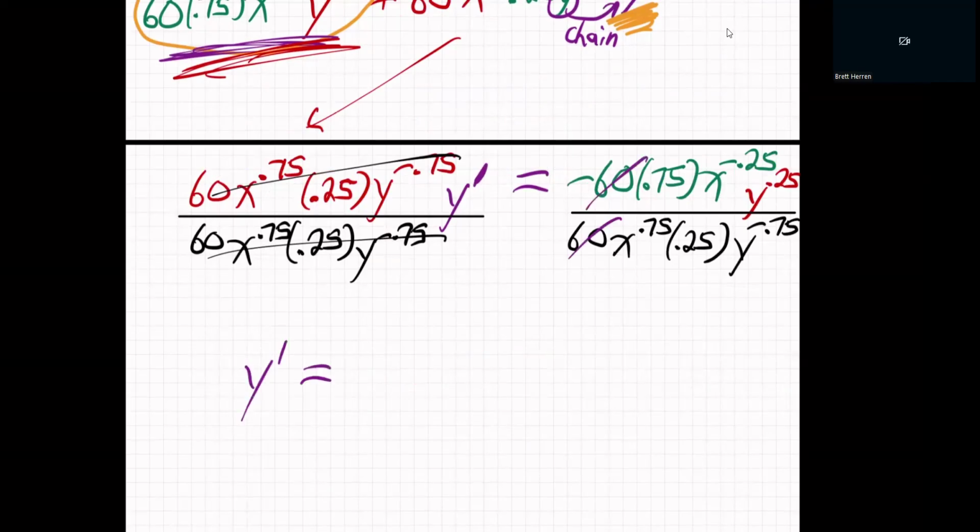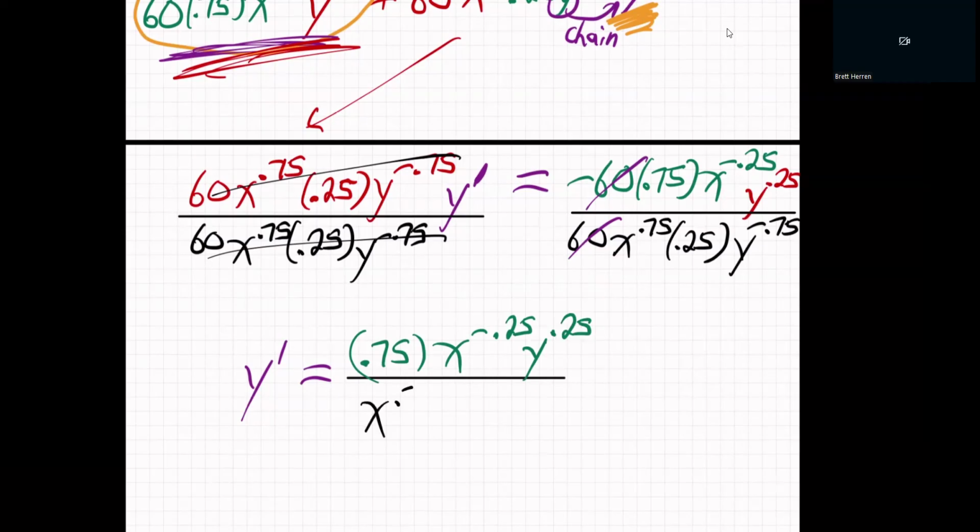These 60s cancel, and I'll go slow here. So 0.75 x to the minus 0.25 y to the regular 0.25 on top, and on the bottom x to the 0.75, with the 0.25 out front, and y to the minus 0.75.